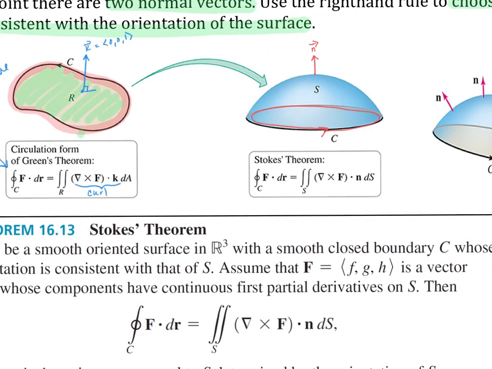So all we do is replace this vector k with a normal vector, and we've changed from a two-dimensional flat surface to a three-dimensional surface in three-dimensional space. So notice that it still corresponds to that same line integral, but now it's going to be del cross f dotted with our normal vector.